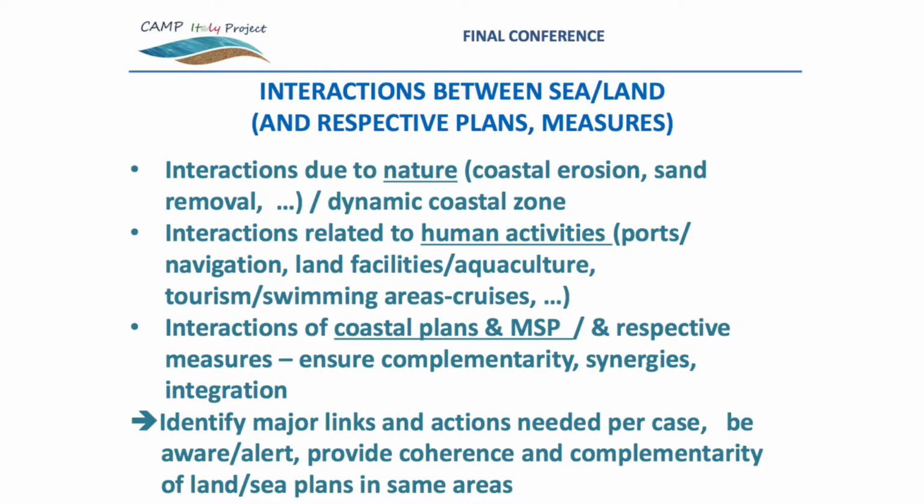Let us come now to the interactions between sea and land. There are three kinds of interactions. Interactions due to nature. We cannot change nature, we have to respect nature. So coastal erosion, sand removal by waves, etc., are normal, natural processes. The coastal zone is a dynamic zone.